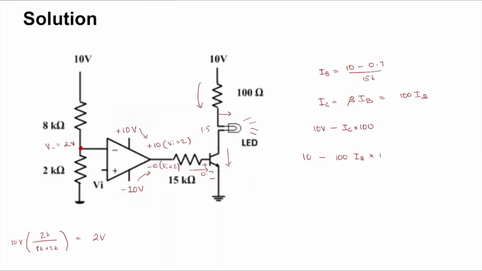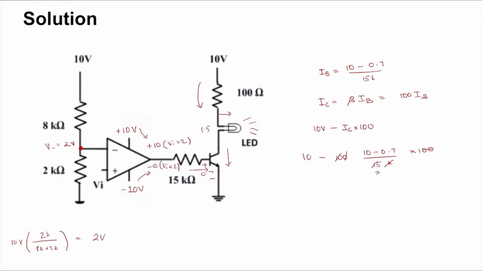You can replace IB by 10 minus 0.7 by 15k, into 100. So k is 1000, you lose 3 zeros.